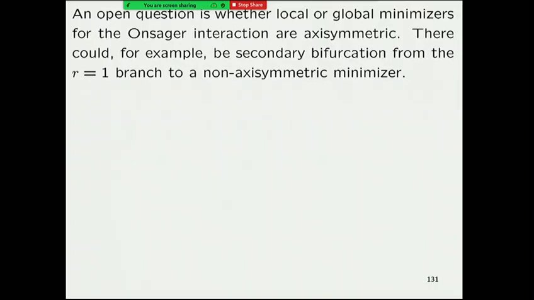So an open question is whether for the Onsager interaction local or global minimizers are axisymmetric. A typical thing that happens in this kind of problem is that you can get a secondary bifurcation off the primary branch to some non-axisymmetric minimizer.